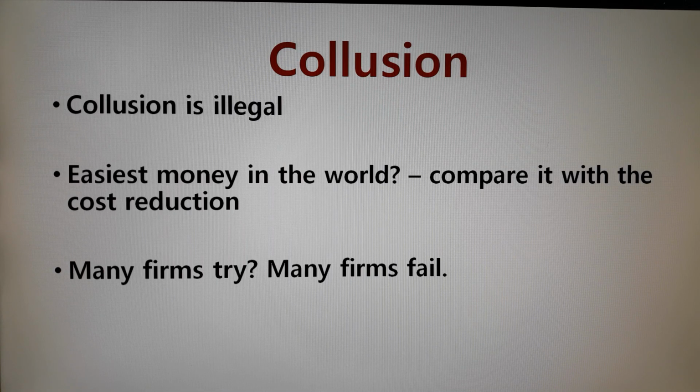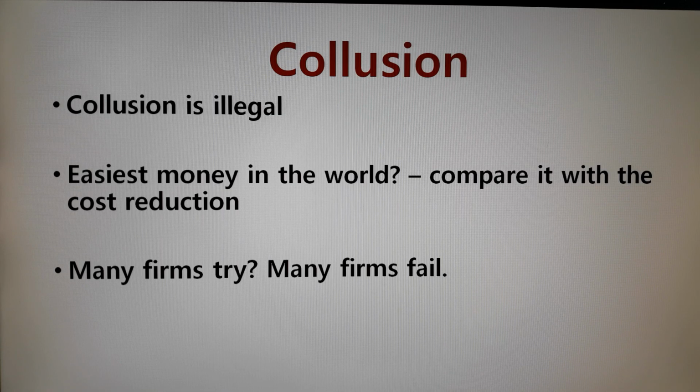I told you officially, do not collude. But still, I have no proof, a lot of companies and people out there are still colluding. It's just a temptation you cannot resist.